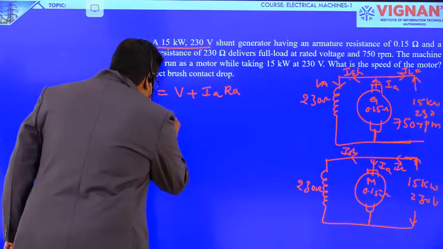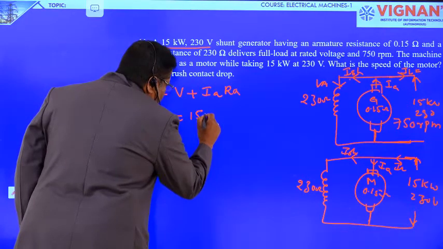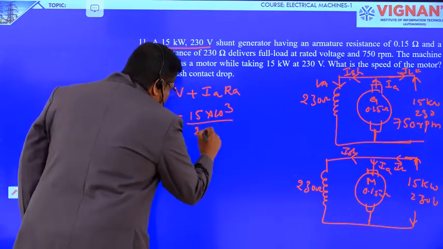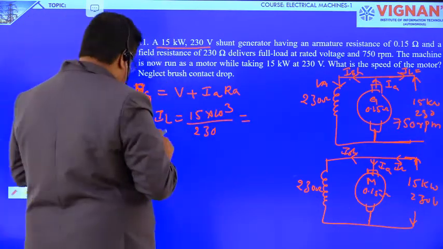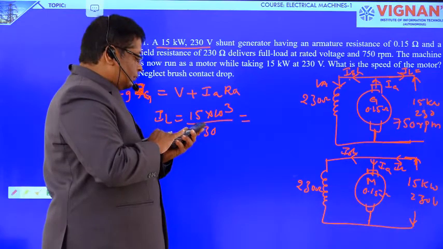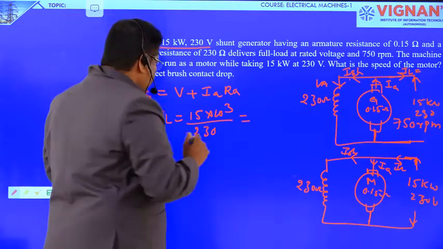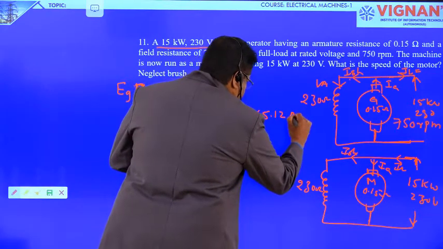Now the load current IL equal to 15 kilowatt divided by 230. You are getting the value as 65.12 amperes.